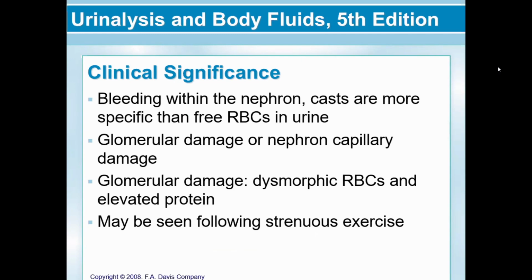Okay? So, bleeding within the nephron. Casts are more specific than free RBCs in urine. So for example, if we have bleeding in the nephron.